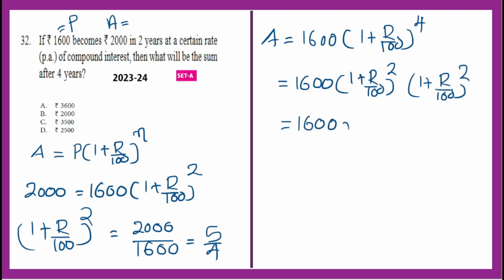Now 1600 times 1 plus R by 100 whole to the power 2 is 5/4 times 5/4, cancelling. Put the answer as 2500 rupees.